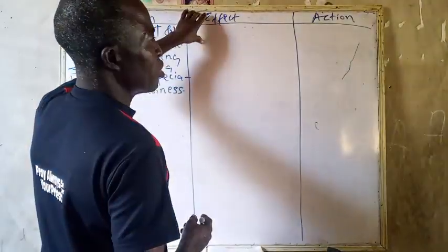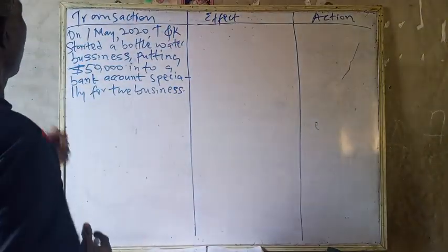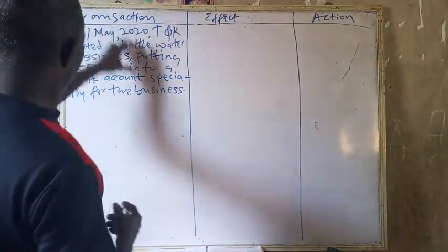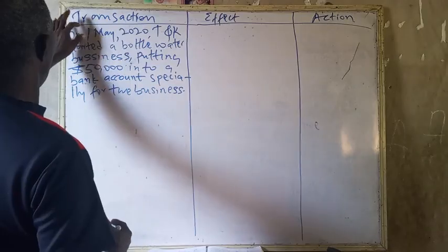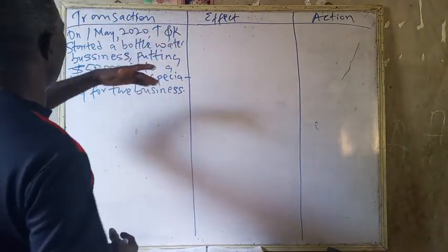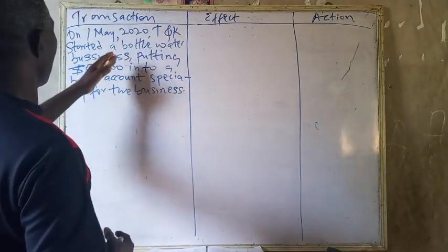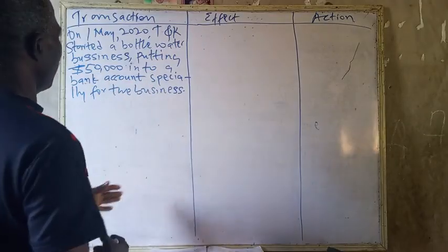But I must first analyze the effect. So what is the effect of this transaction? On 1st May 2020, T and K started a bottled water business, putting $50,000 into a bank account especially for the business.